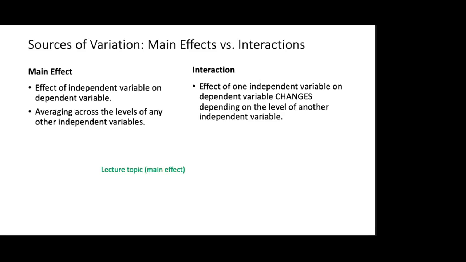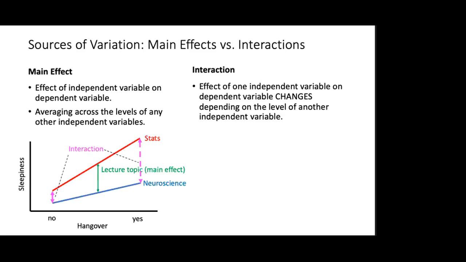Yeah, and so let me just show you the diagram. Here we have a visual display, an illustration of this effect. We have our first factor, hangover, yes versus no. The dependent variable is sleepiness. And then we have the two lecture types, neuroscience versus stats, as separate lines in this plot.